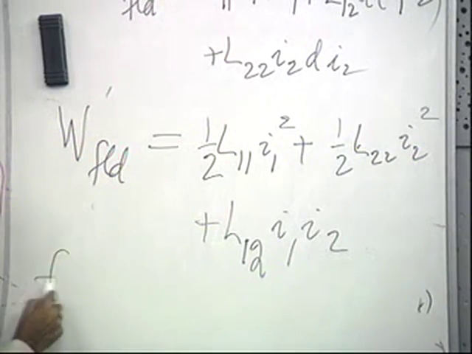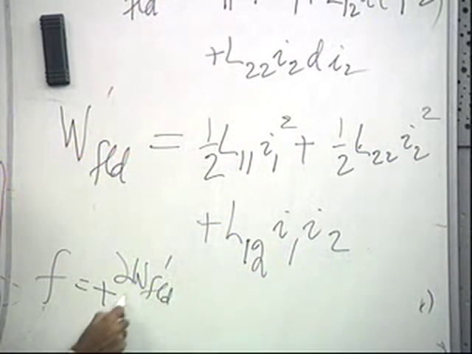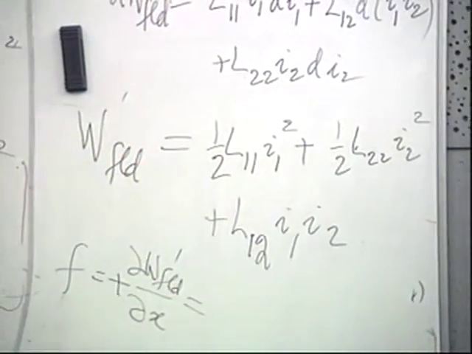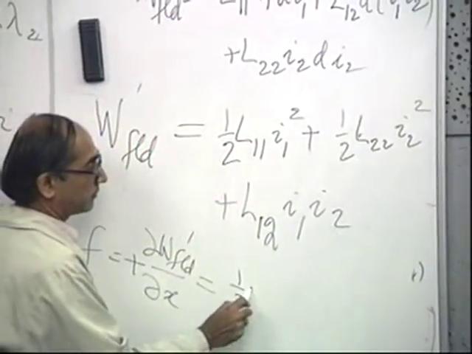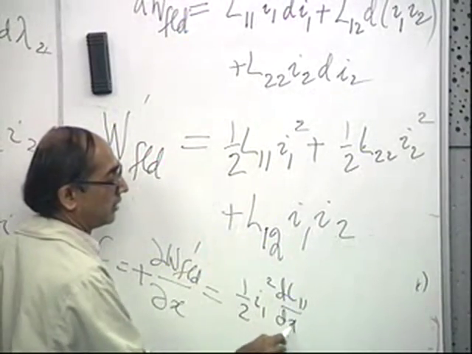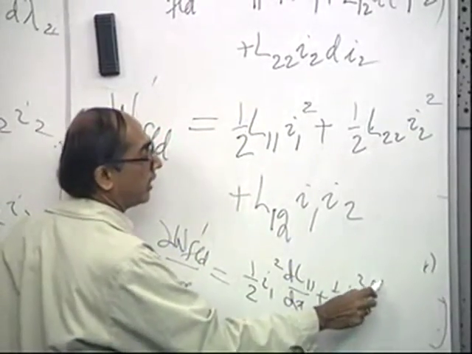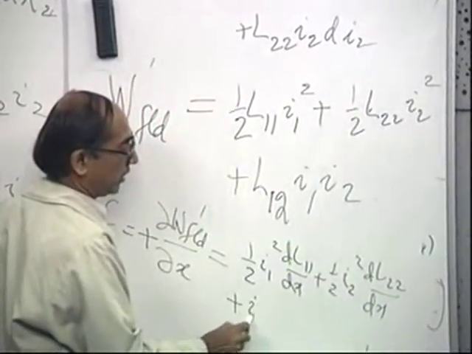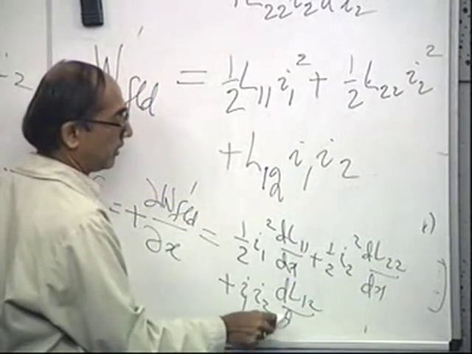So what will be the force? It is equal to plus delta W field dash by delta x at constant current, so you are maintaining the current constant. Please tell me the force expression here: half of I1 square dL11 by dx plus half of I2 square dL22 by dx plus I1 I2 dL12 by dx.